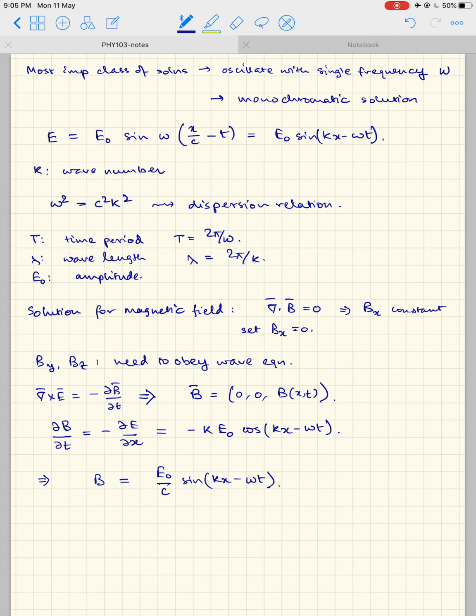Okay. So now we see that the electric field E and B oscillate in phase, but in orthogonal directions.